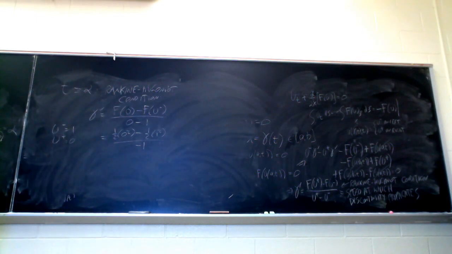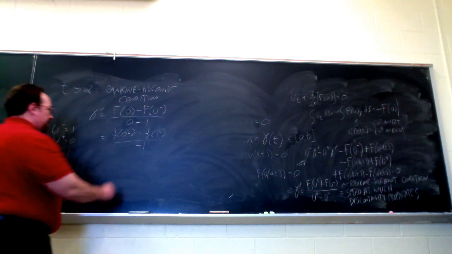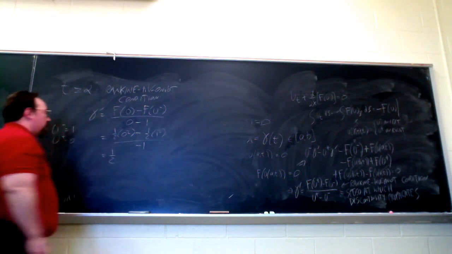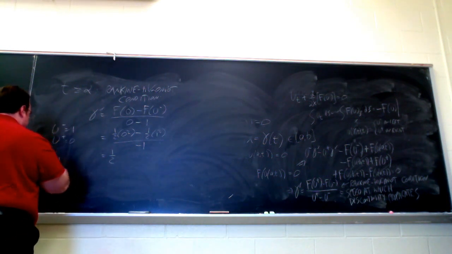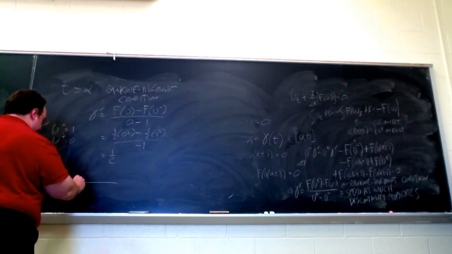Okay. So once we sort all that out, we get 1/2. So what happens is, after t greater than alpha, the discontinuity keeps propagating at a speed of 1/2. So here's alpha.